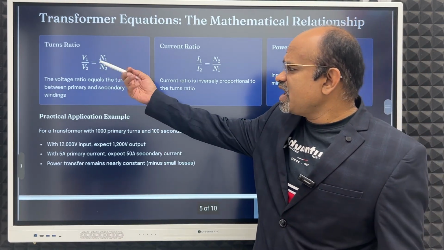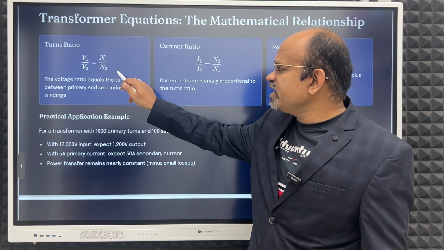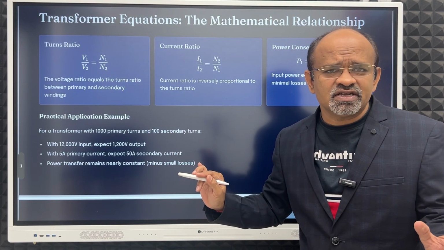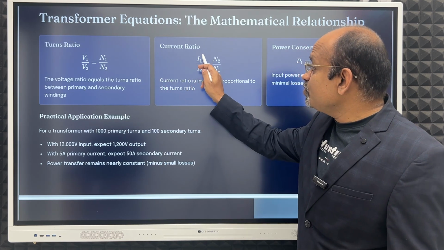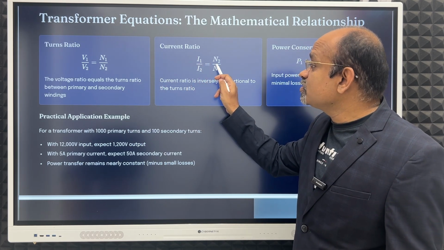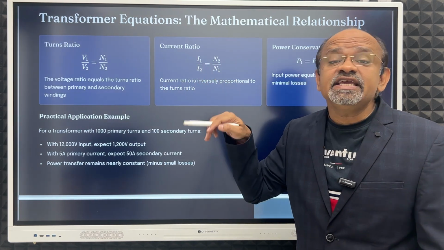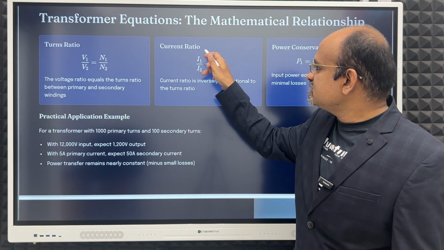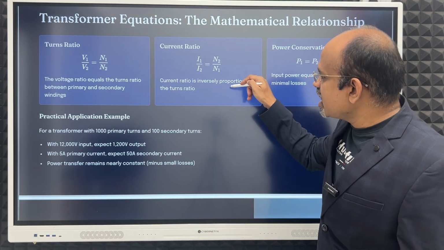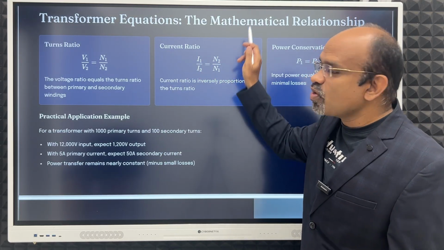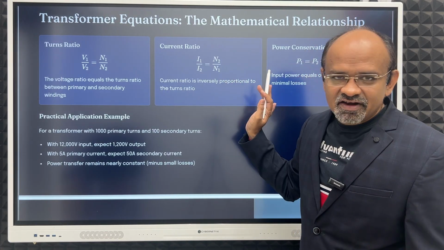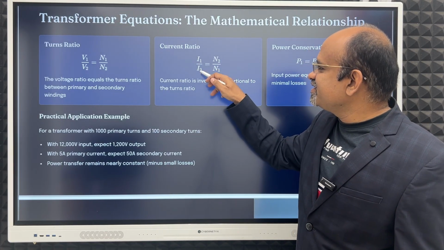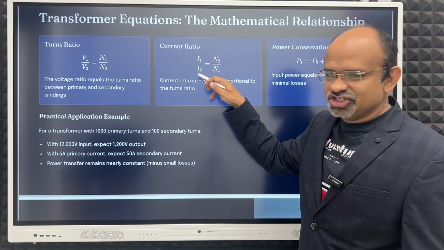Turns ratio we have seen already: V1 divided by V2 equals N1 divided by N2, so it's directly proportional. Then the current ratio, this is inverse: I1 divided by I2 is equal to N2 divided by N1. This is inversely proportional, meaning if this goes up, this goes down, and if this goes down, this goes up. The turns are fixed, so only current we can change.